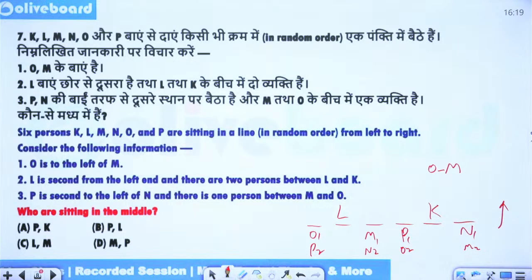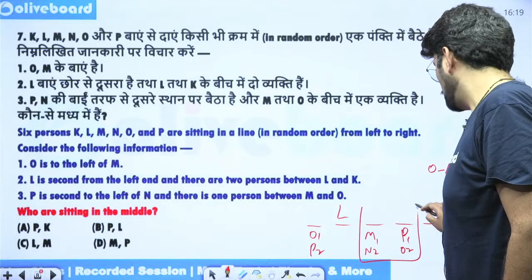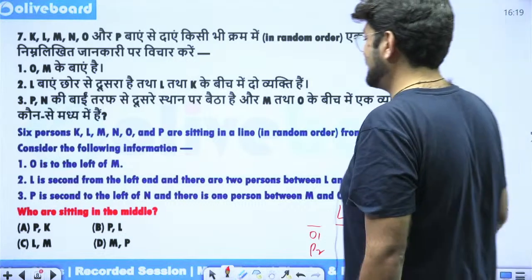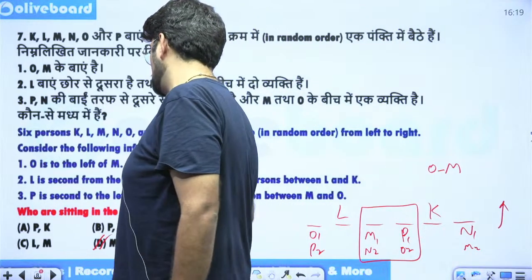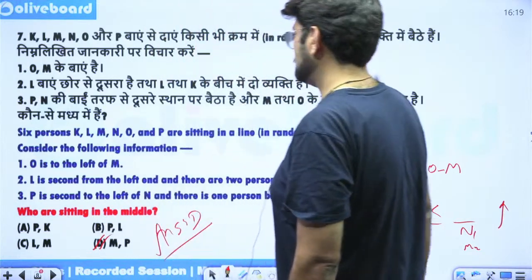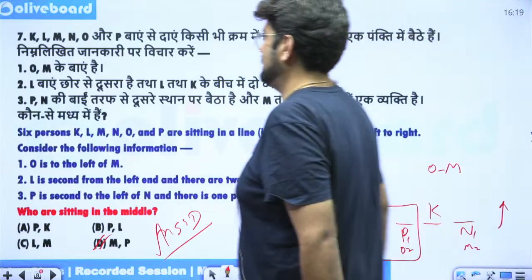So how many who are sitting in the middle? Either it is N and O, or it is M and P. These are the only 2 possibilities, right? Either it is MP or it is NO. In that case, MP is the only correct option. So option D. Right?